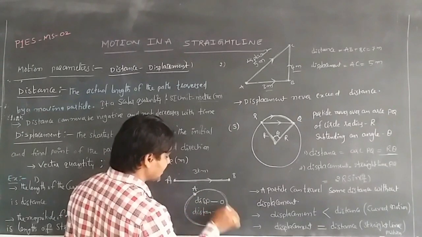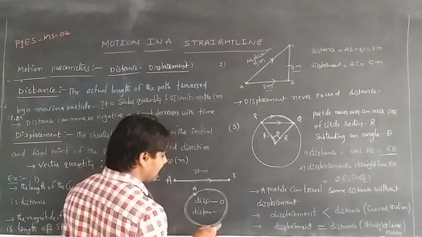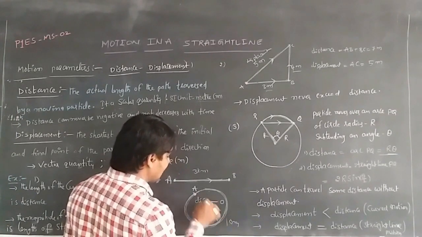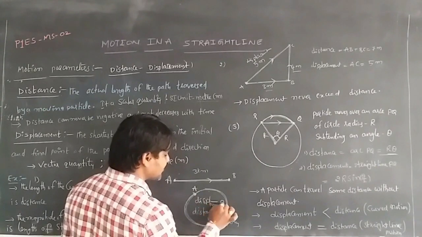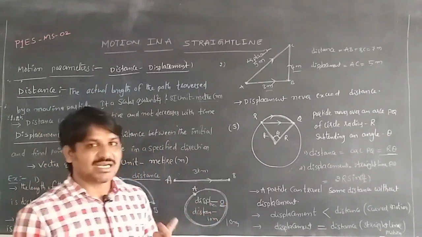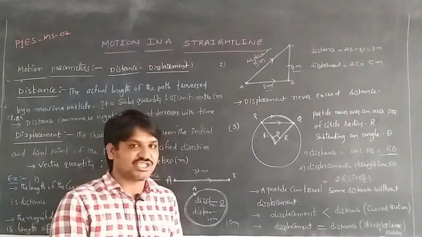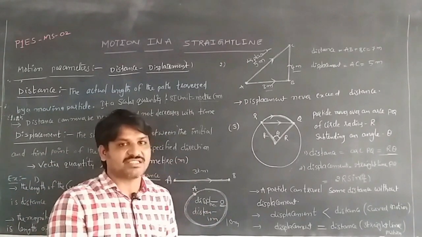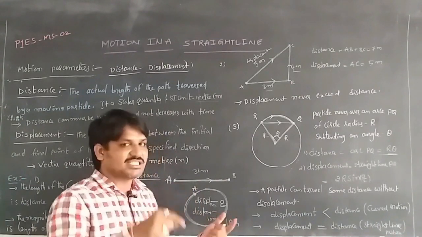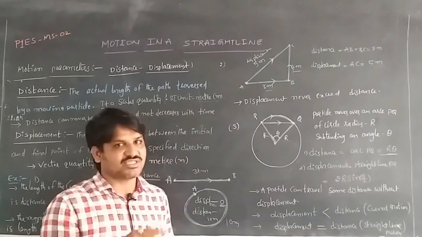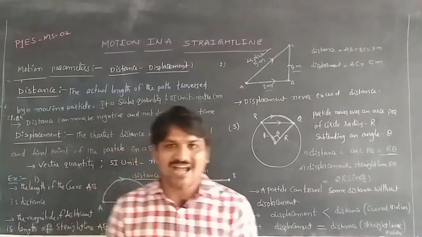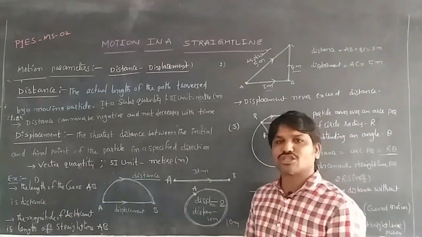If the distance traveled is considered as 10 meters, then the distance will be 10 meters, and the displacement will be 0. Whenever a body starts from the initial point and returns to the initial point after traveling some distance, the displacement will be 0 and the distance will be the total length of the path traveled. Generally we can say that a particle can travel some distance without displacement.